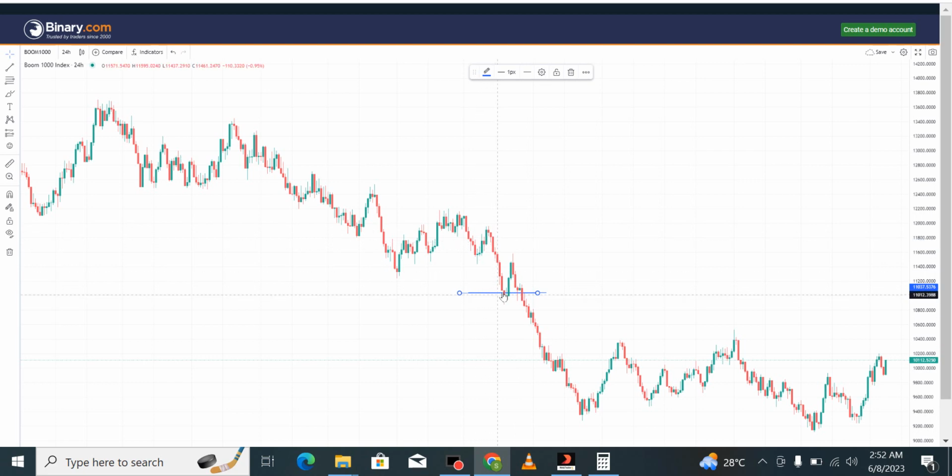So you now decide to sell at this point, which is the wrong time to sell. It has sold for a while and you will be happy, but right from here, after getting to the support zone, it started pulling back. You're still holding on, and before you know it, it has gone above your entry point, putting you in a lot of loss, if not wiping off your account.